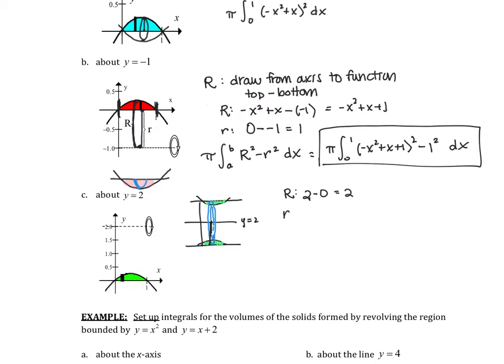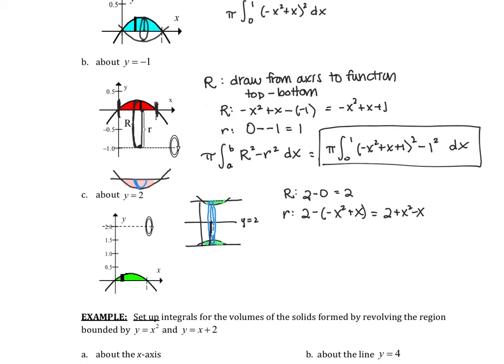My inner radius, however, the littler radius, is going to be from the top function, which is 2, that axis of rotation, and I'm going to subtract the actual function. So I'm going to subtract negative x squared plus x. So I get 2 plus x squared minus x for that radius.